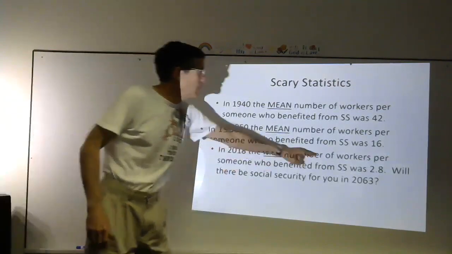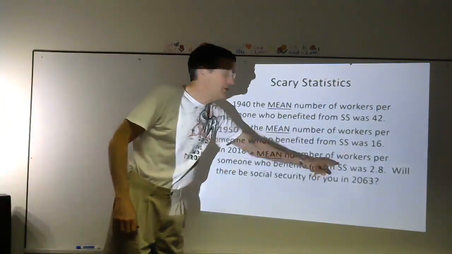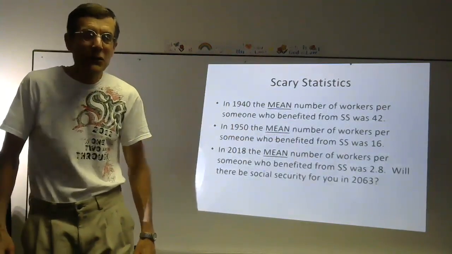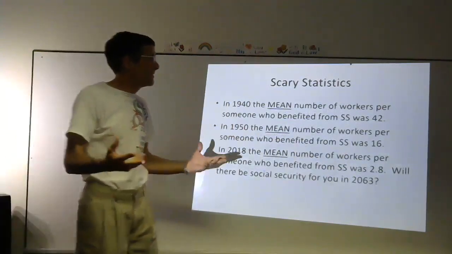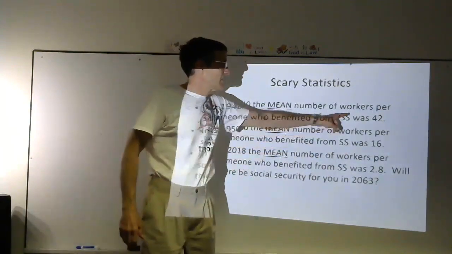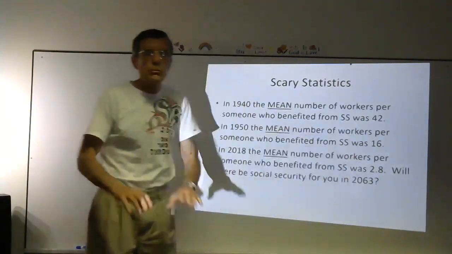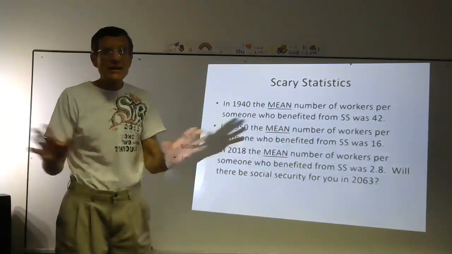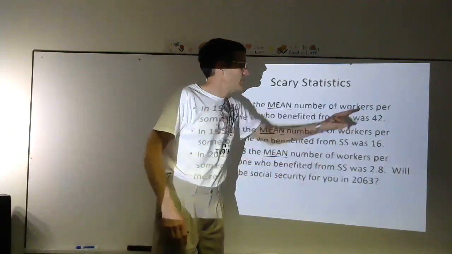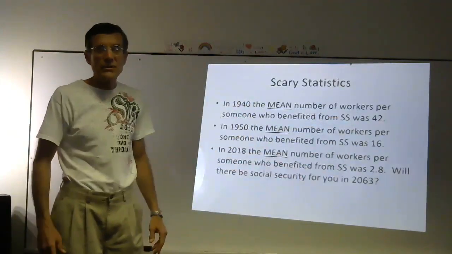There's only 2.8 people working for each person that's collecting a check. You with me? Now, let's be very clear about this. What it sounds like is that there's fewer people working, but that's not true. There's actually more people working today than there were back in 1940, okay?